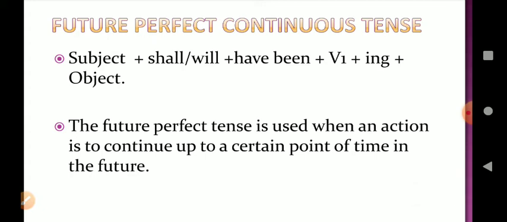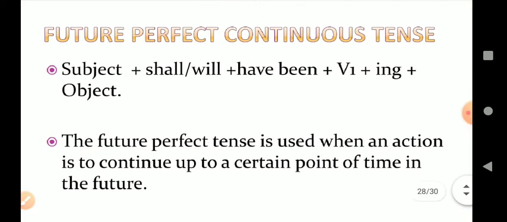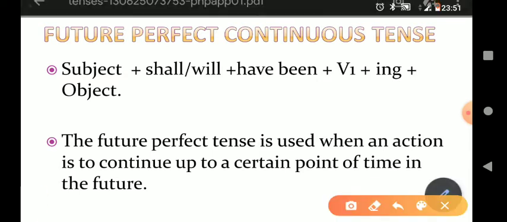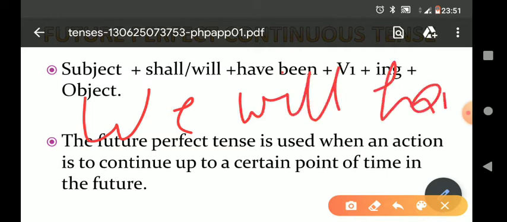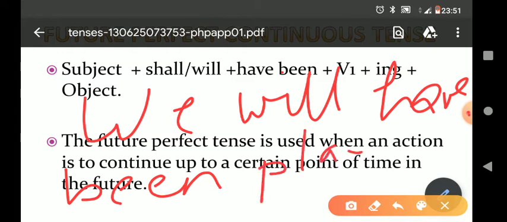Now the rule here, you are seeing: subject plus shall or will plus have been plus V4 plus object. Example: we will have been playing cricket.